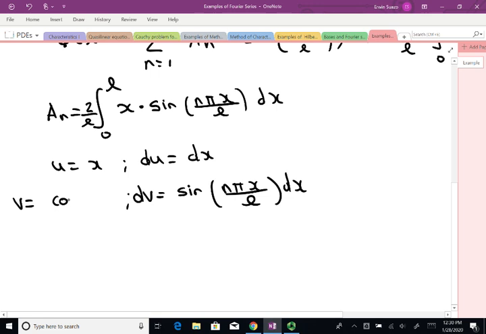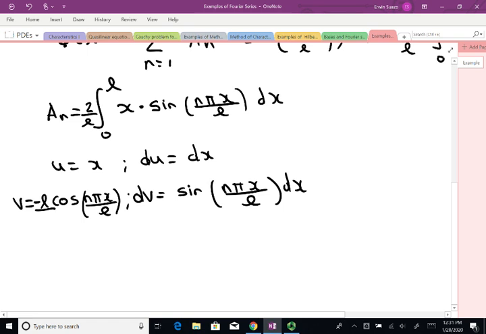The antiderivative of sine is actually minus cosine, right? Cosine of n pi x over L. Let's see: the derivative of cosine is minus sine, so times minus is sine, n pi x over L, times the derivative of the inside. The derivative of the inside is n pi over L. This one doesn't have that factor, so I need to divide by it.